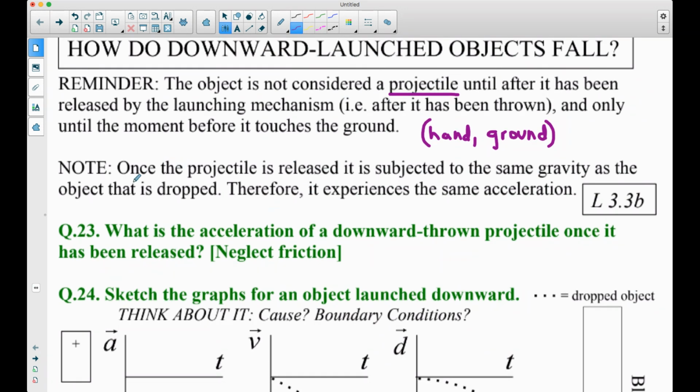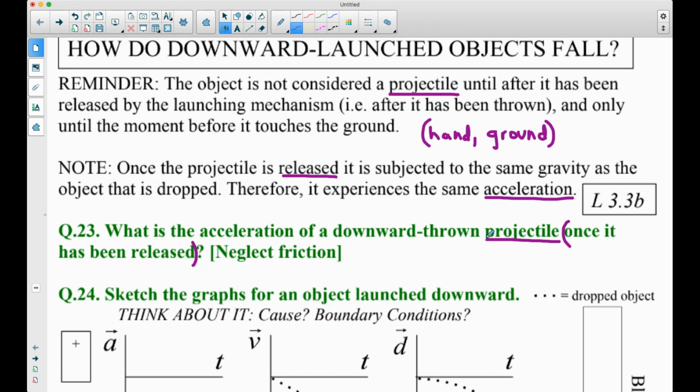All right, so once the projectile is released, now it's subject to the same gravity as a drop or any sort of throw, and so it experiences the same acceleration. What is the acceleration of a downward thrown projectile once it has been released? So this comment right here, once it has been released, is redundant.